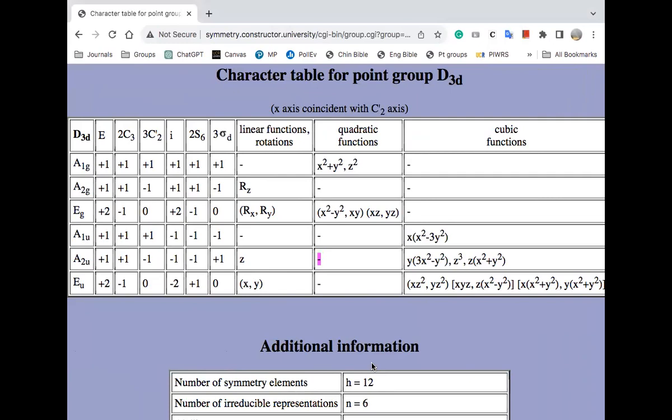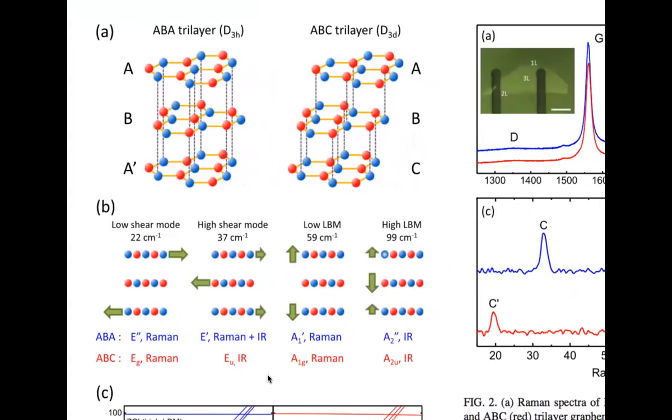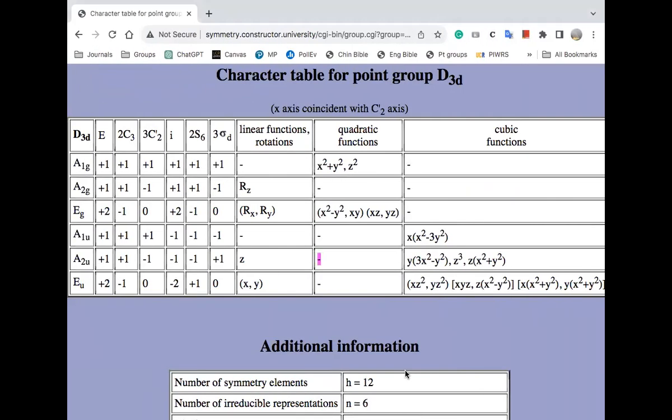Okay, this one will be easy because 2 of the modes are Raman inactive. So you just get 0 for this one and 0 for the other one.